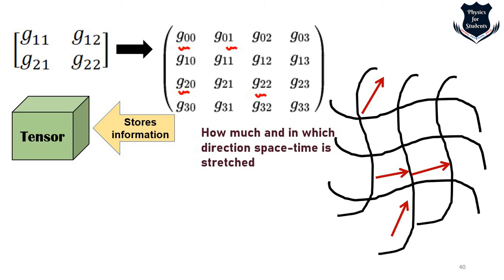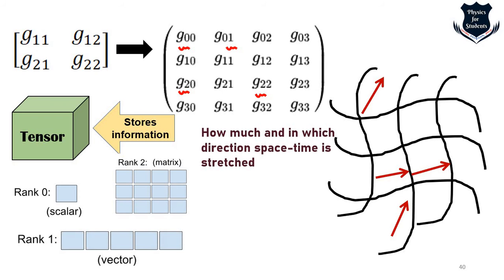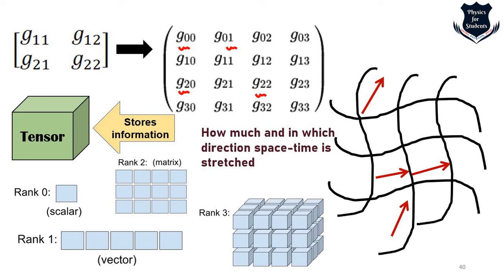So how much and in which direction space-time is being stretched is captured by G. A rank 0 tensor you can call a scalar. Rank 1 is a vector, rank 2 is a matrix, and Einstein used a rank 4 tensor, this one, in order to store the information of space-time.